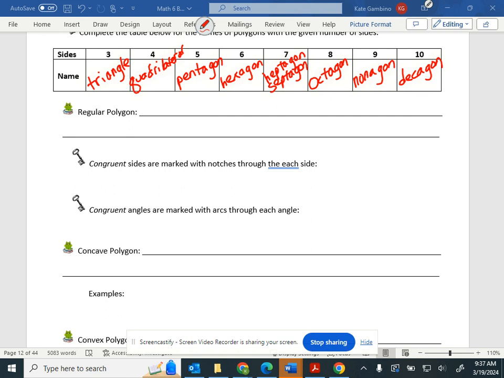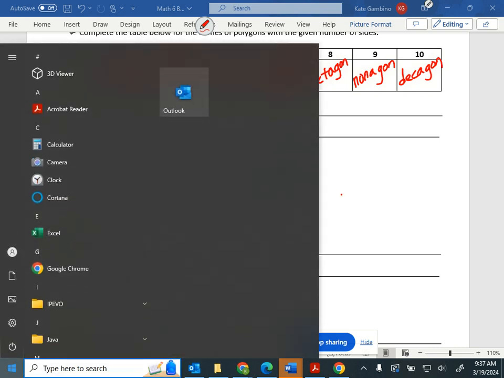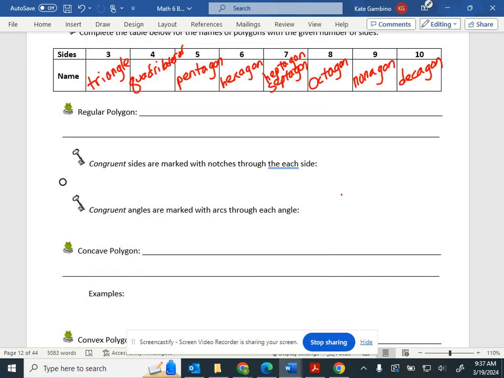Okay. Shh. So we also need to know not only the names of the sided figures, we need to know what it means to be regular, concave, or convex. So remember, regular means that all sides are equal length.